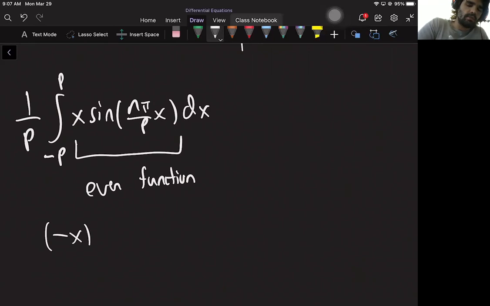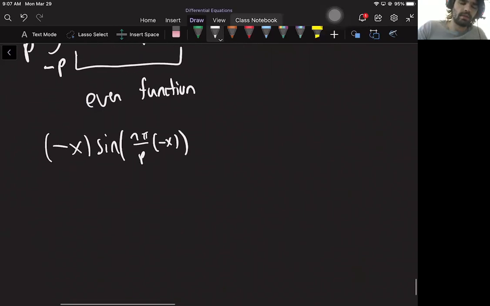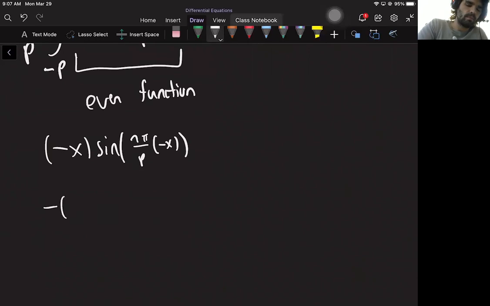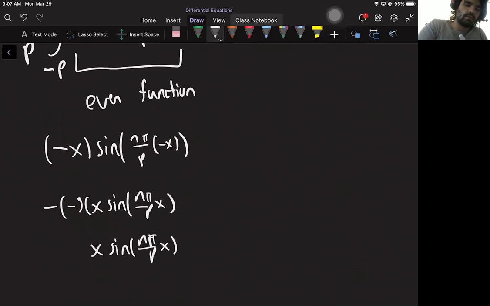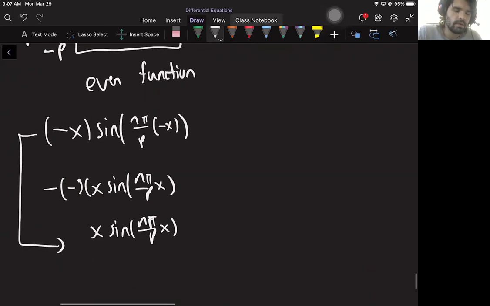So if I change them both to negative x's, since sine is an odd function, that means I can take out its negative. And so that negative will cancel with the one on the outside, and I get back what I started. So this is the property of being an even function: plugging in a negative results in negatives disappearing.